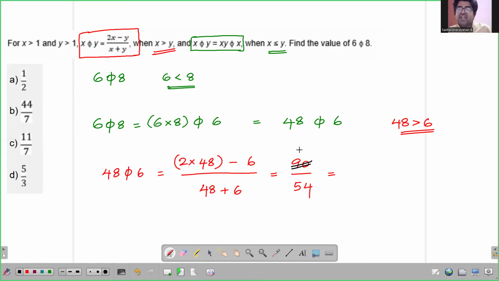So cancelling it with 18, 5 times it will go. 18 3s are 54. So eventually the value will come as 5 by 3. So for this particular question, it's a symbol based question, my answer will come here as 5 by 3. That's the final answer here.